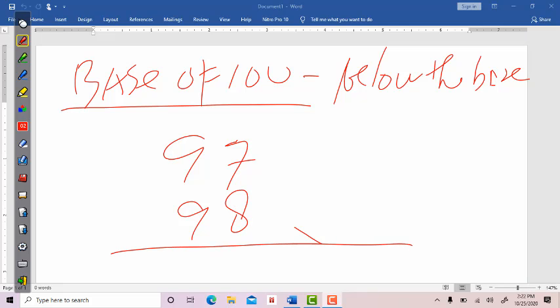You use the same way actually. When we see 97 to 100, how many more do we need to get 100? We need 3 more, right? But because we have 2 digits at the back, over this side it should be 2 digits as well.